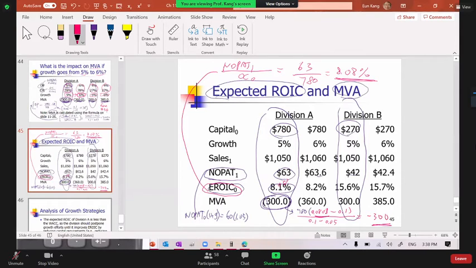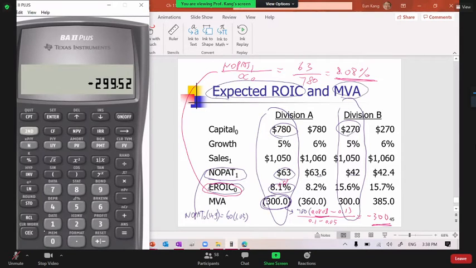So that's why when you use this one, like 63 over 780 equals 0.08, right? Just use this one directly, not enter 0.08 yourself or 0.0808 yourself. Just this one, right?